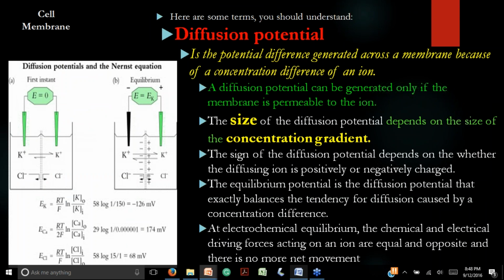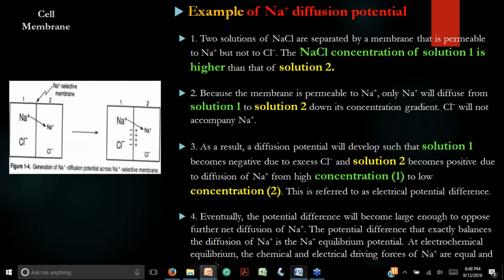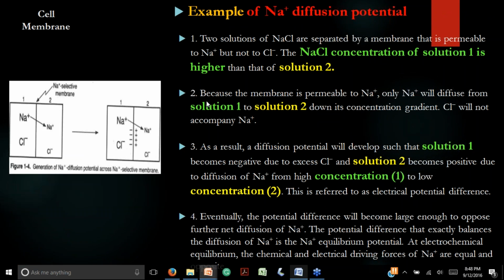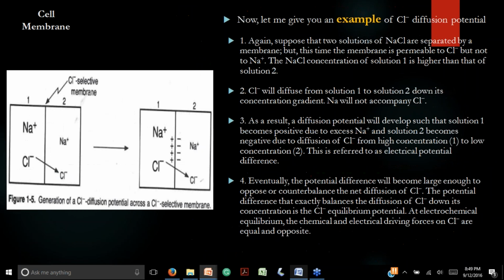All right, so the diffusion potential is going to tell us how the cell gets to the resting potential. Resting potential means that there are no ions coming in or going out.